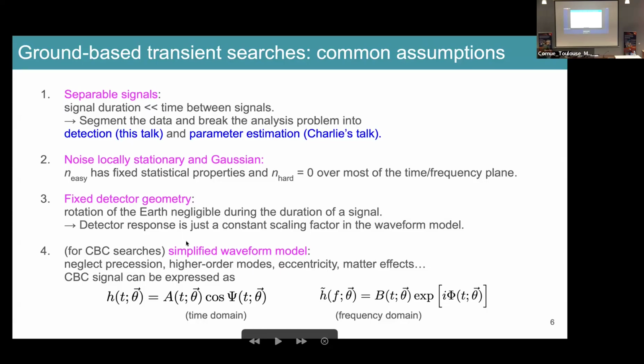This is a very simple signal model with the frequency that is a monotonic function of time. And if you take the Fourier transform of this, you can do it analytically with some approximations. You find exactly the same form in the frequency domain. A complex factor, exponential, and then a phase term that depends on frequency and the parameters of the system.